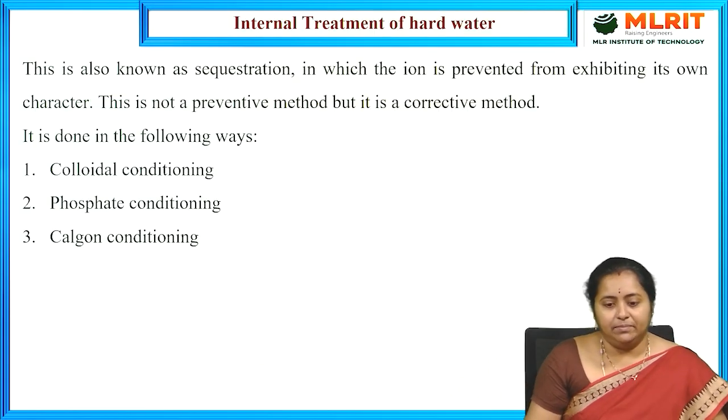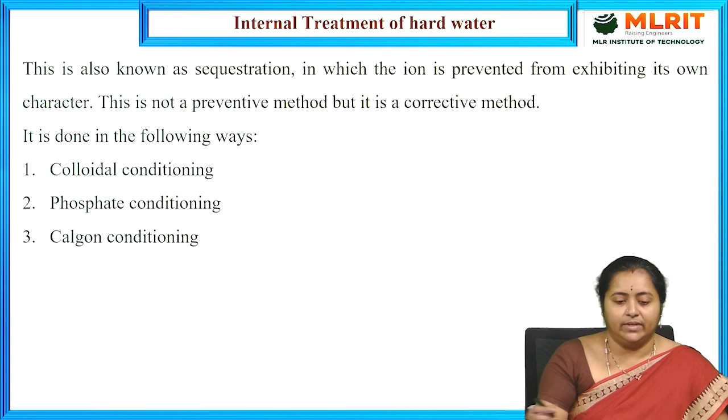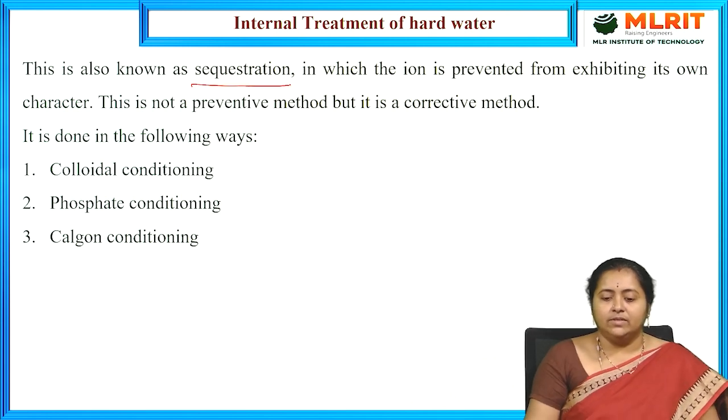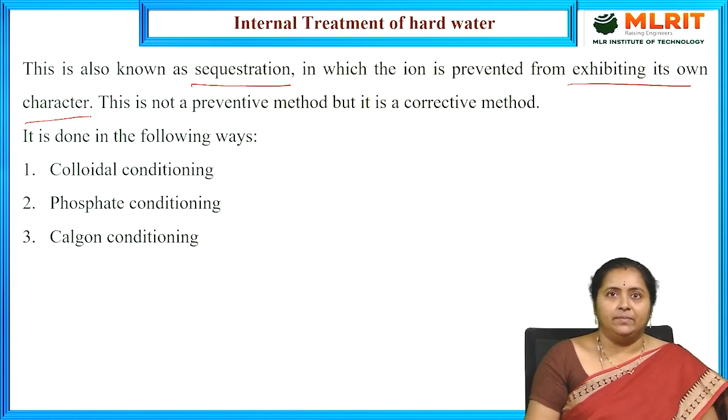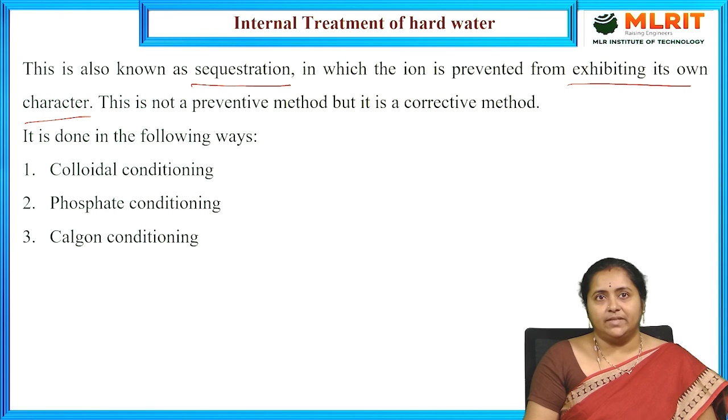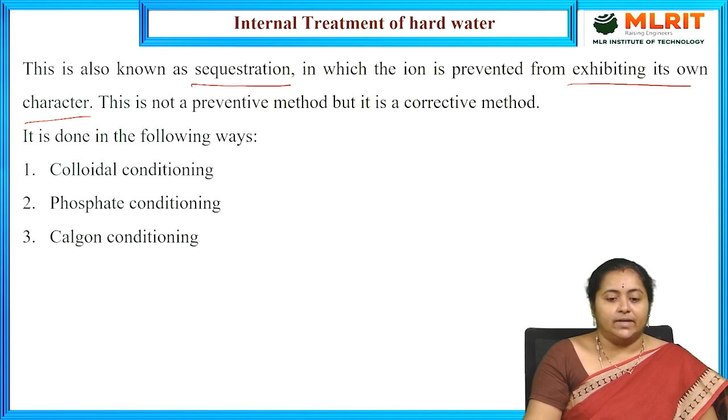This internal treatment of hard water is also known as sequestration, in which the ions that cause hardness are prevented from exhibiting their own character. That means by adding some chemicals to the hard water in the boiler, the ions are prevented from exhibiting their own properties, so that hardness is prevented.